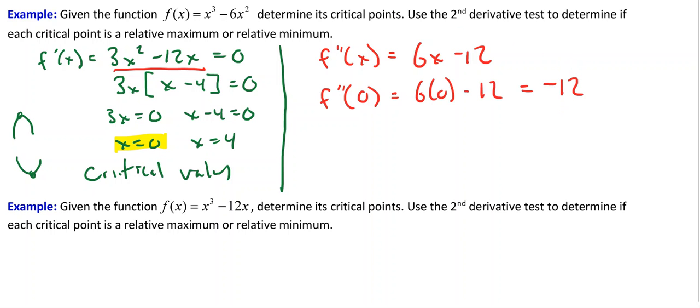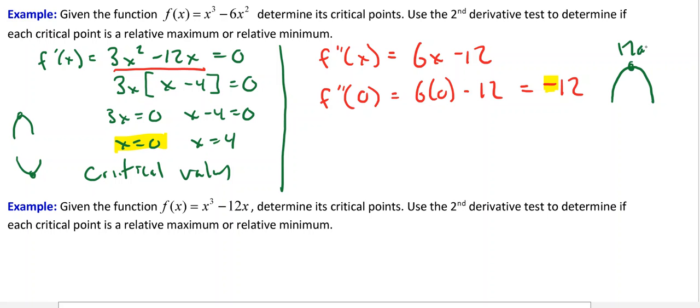What we're really concerned with here is the negative part. Because the second derivative is negative at 0, we know that it is concave down, and therefore we have a relative max. That's the second derivative test.